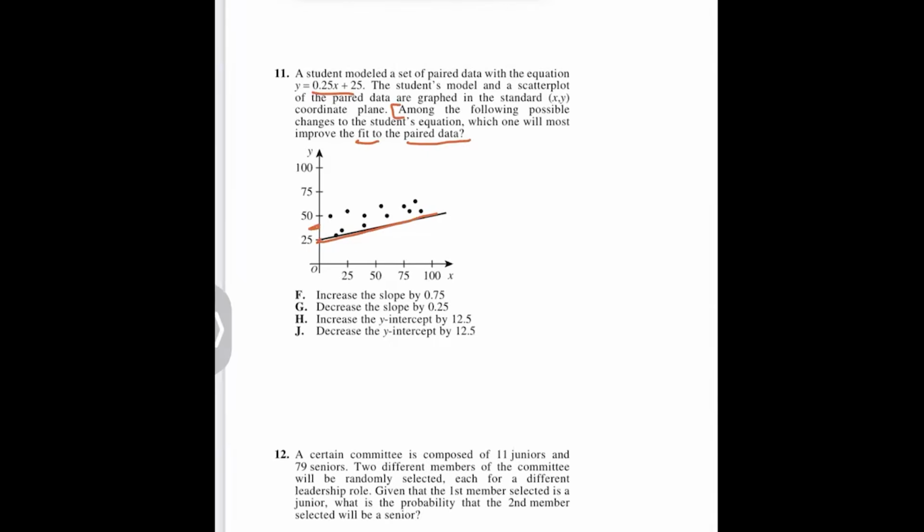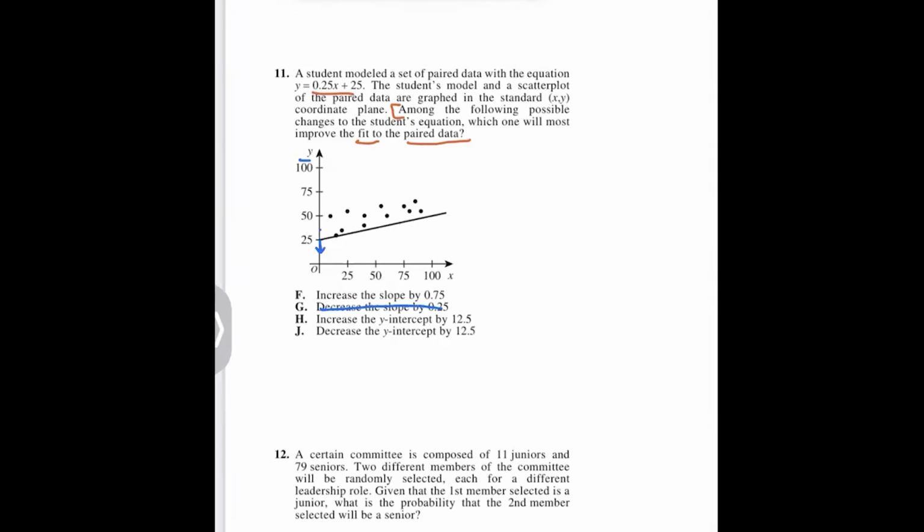If we increase the slope, that would just make it a little steeper. If we decrease the slope, that would make it go down more, which is definitely not right. Increase the y-intercept, which is that intersection on the y-axis, by 12.5, or decrease. We know it's not going to go down.